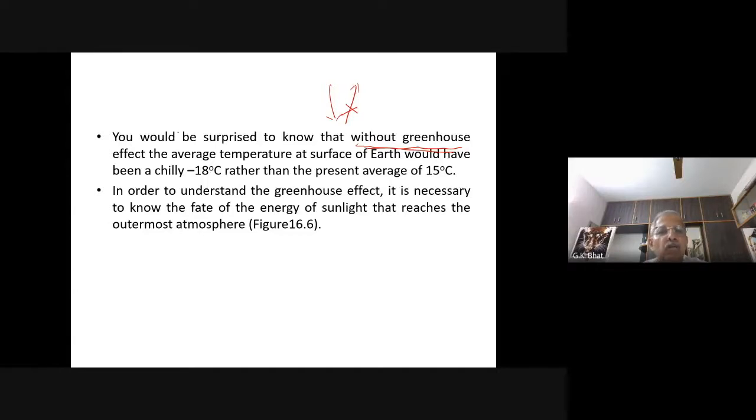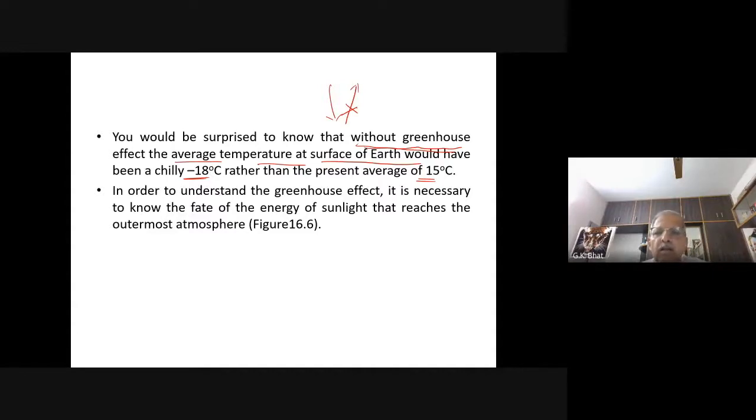Without such a greenhouse effect, the average temperature at the surface of Earth would have been minus 18 degrees centigrade rather than the present average temperature of plus 15 degrees centigrade. If the temperature were minus 18, you cannot expect anything to remain. So a little bit of greenhouse effect is required.